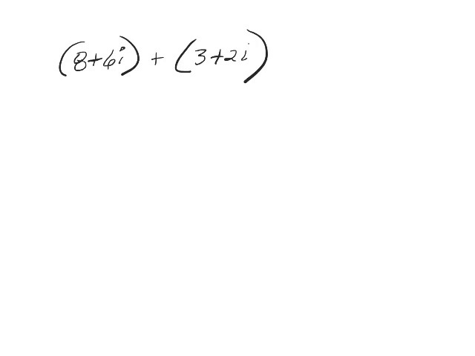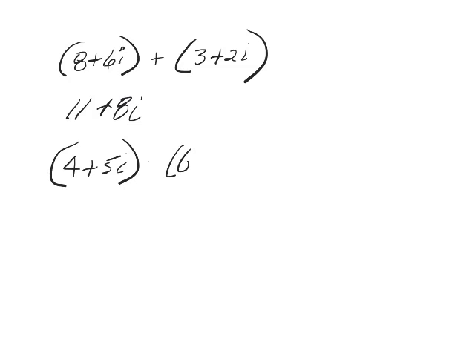You just do the work as if i were a variable. So you'd add your constants, and then you'd add your imaginary part or your complex part.